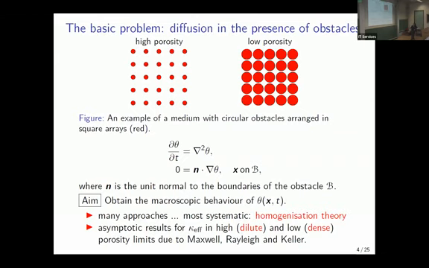Okay, and then you end up with an effective diffusion equation with an effective diffusivity, which can be explicitly obtained in the asymptotic limits of the dilute case, like over here, or the dense case over here. The dilute case was tackled by Maxwell and Rayleigh, and Keller in the 60s attacked the dense case over here.